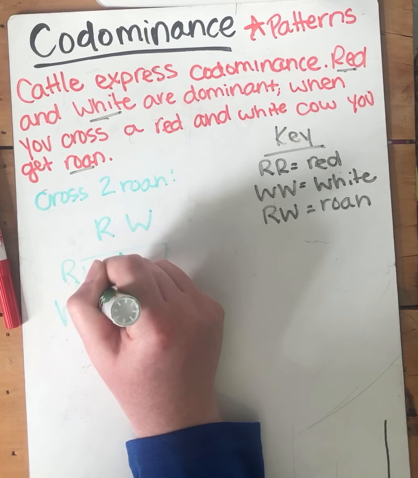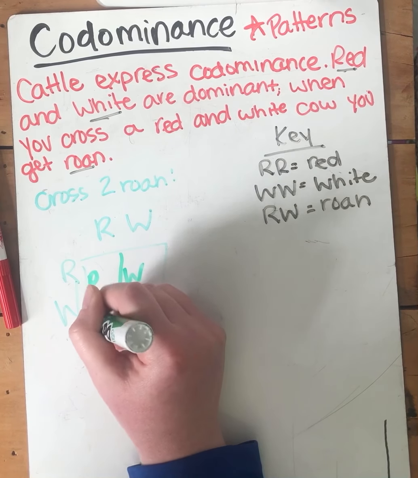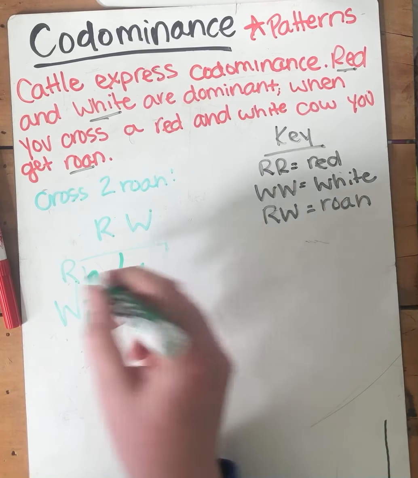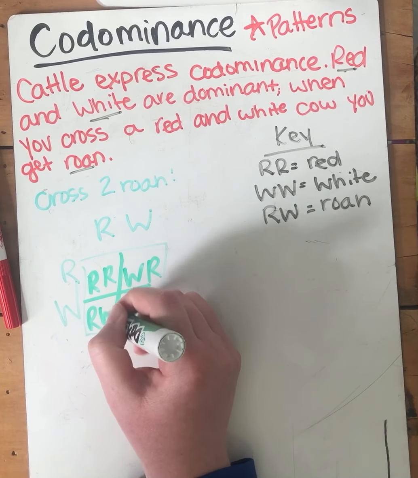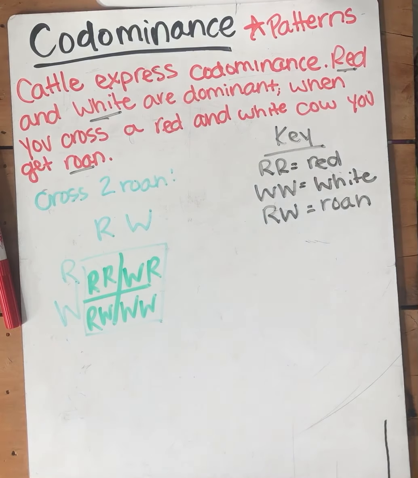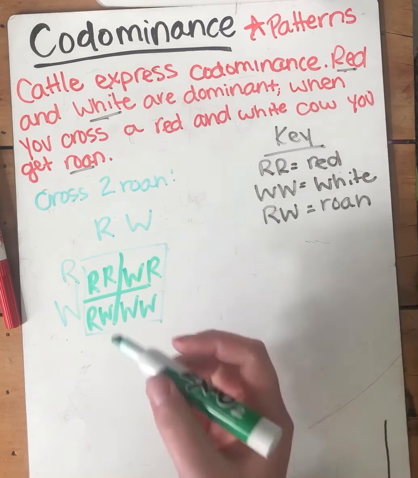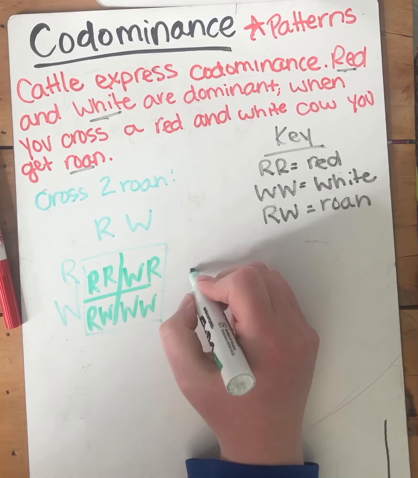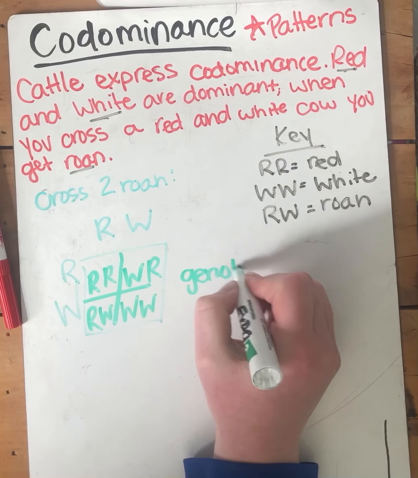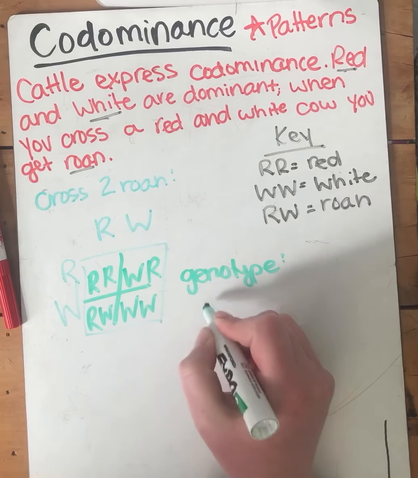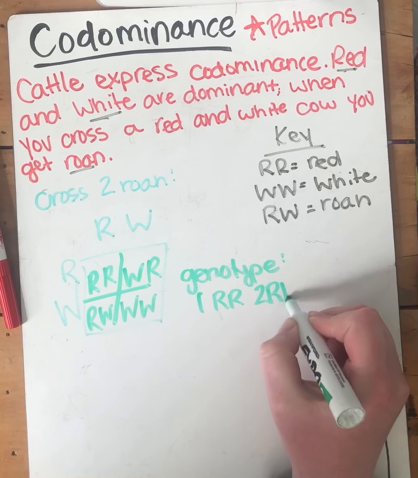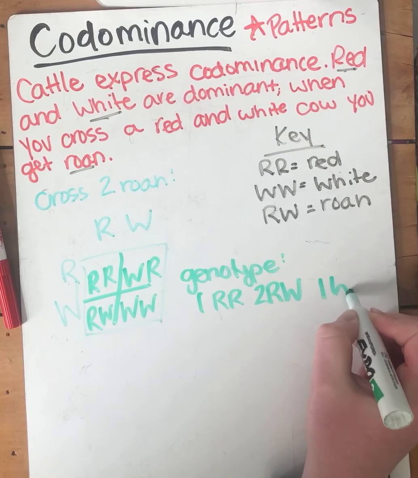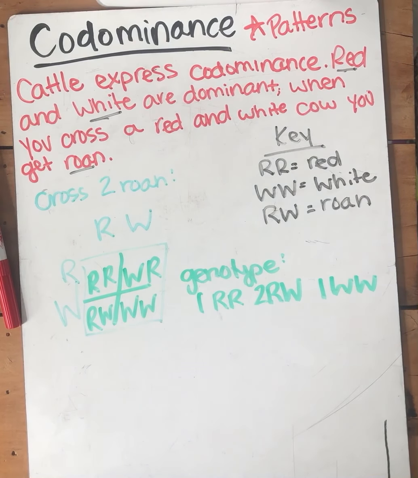Bring your R down and your W down. And then bring our R across. Okay, there's our Punnett square. If you'll look, we have 3 different genotypes. Our genotype would be 1 RR, 2 RW, 1 WW. That would be our genotype.